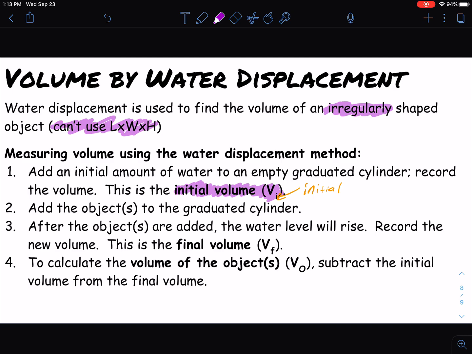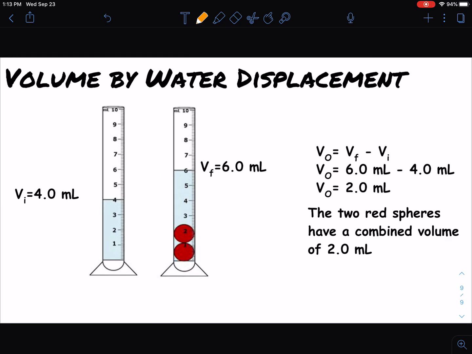When you add the object, the water is going to rise. When the water rises, that's going to be your final volume. And that's your VF, means final. Then to calculate the volume of the object or objects in the water, you have to subtract the initial from the final. That VO, that O, means the object. Let's look at an example.